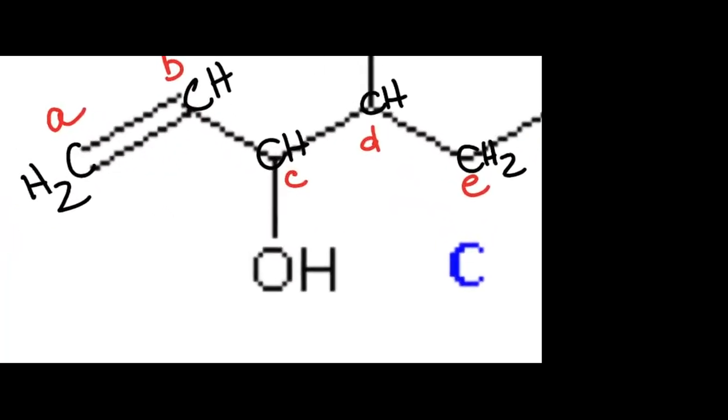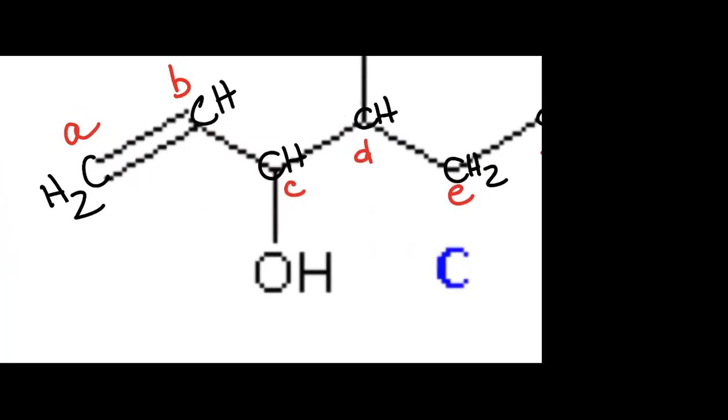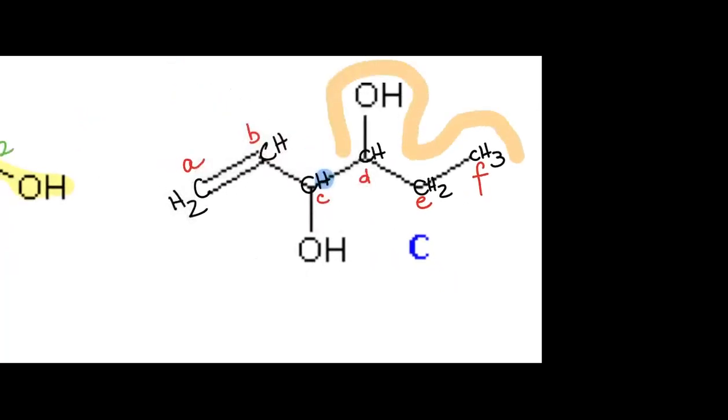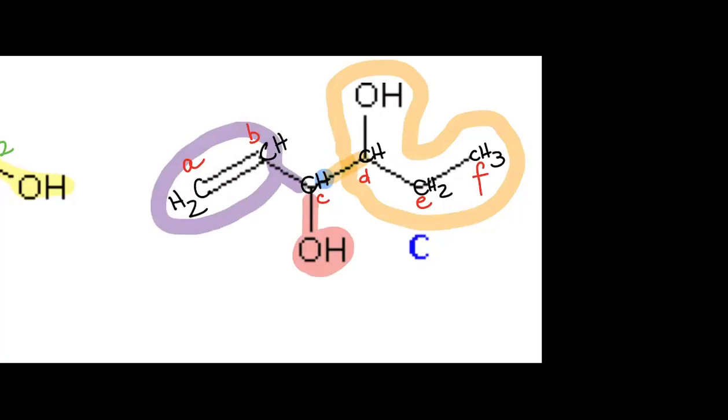So when we look at letter C, it has the hydrogen, it has this whole thing of the molecule through this bond, is bonded to the OH, and is bonded to this whole thing. So those are the 4 things that are attached around it.